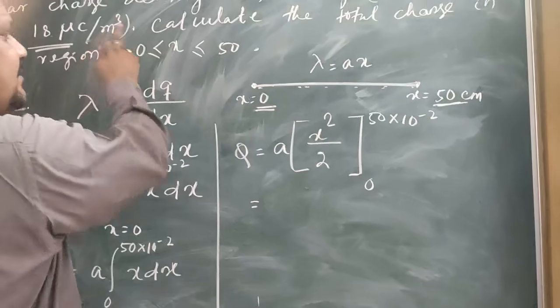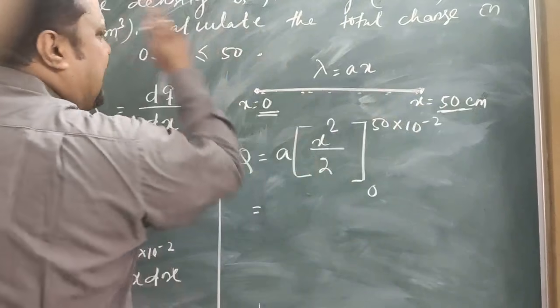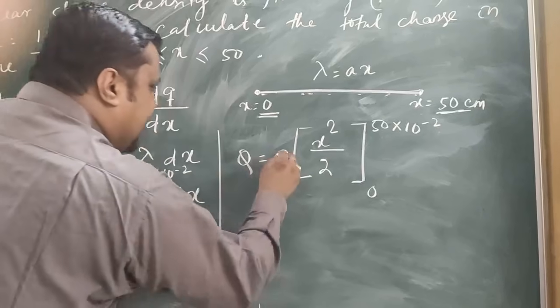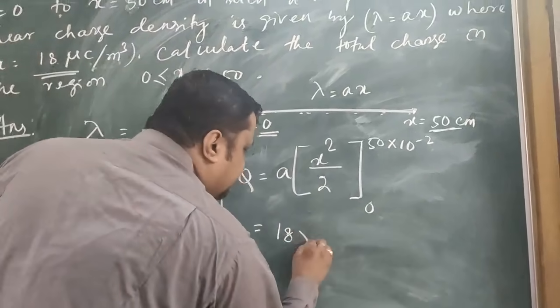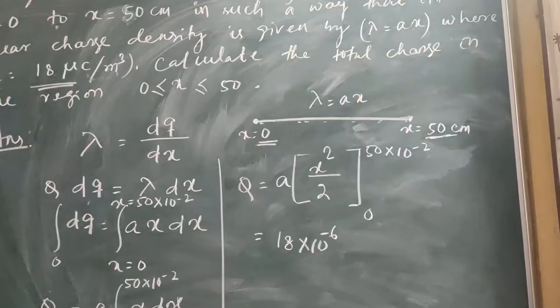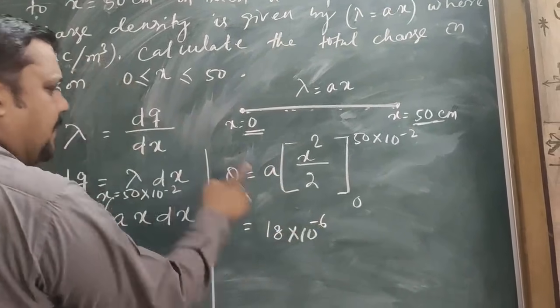That's why it is meter cube, so I have made the limits in meters. Otherwise I would take 0 to 50 cm. But it is in meters, so a is 18 microcoulomb, make it coulomb: 18 into 10 to the power minus 6 coulomb per meter cube.